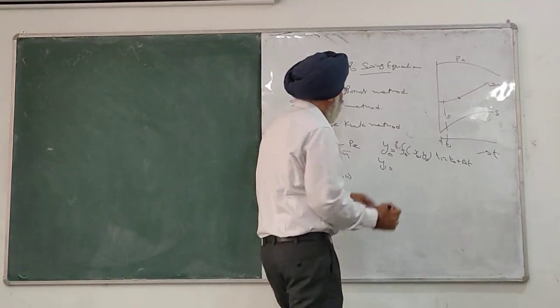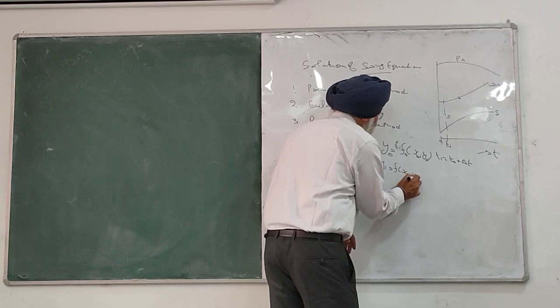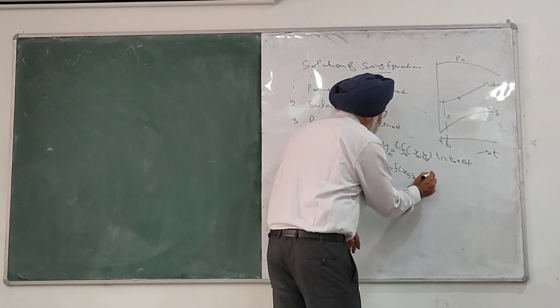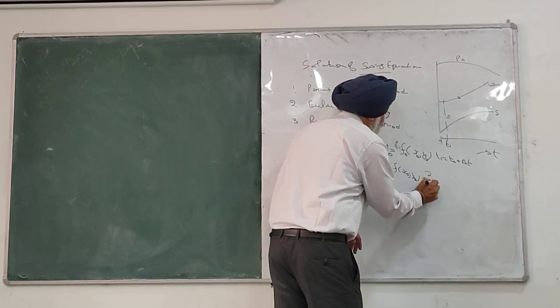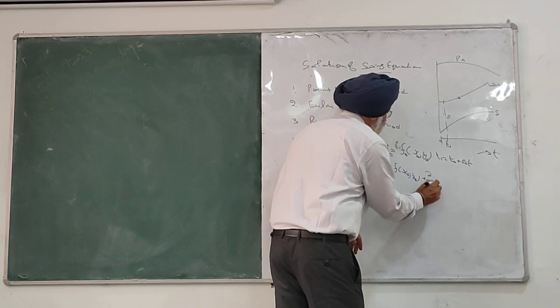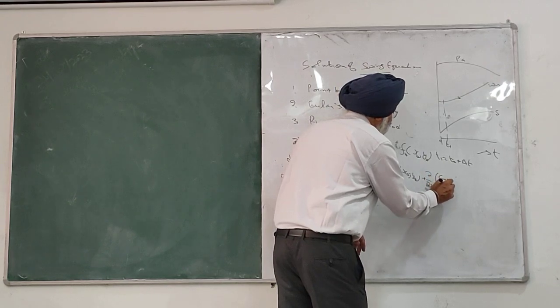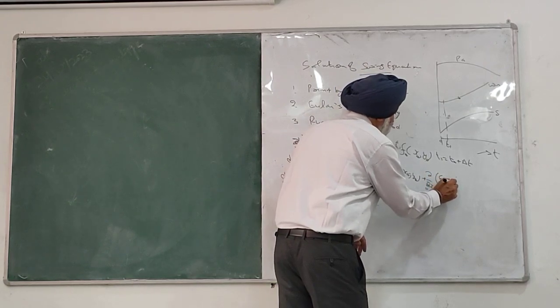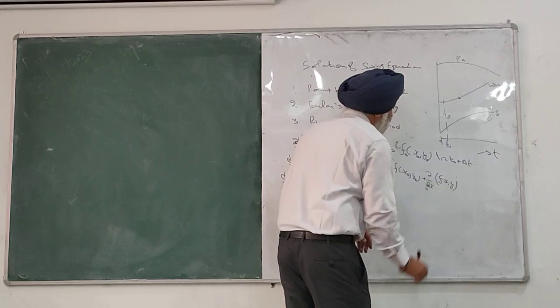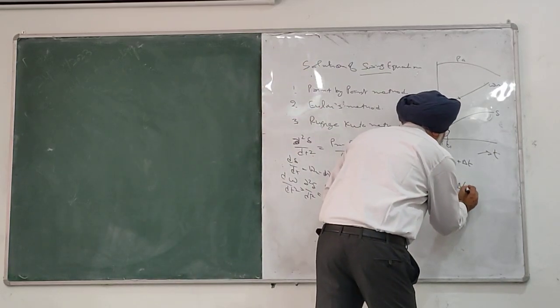So y1 is equal to f(x0, y0) plus the partial derivative of f with respect to x, into delta t.